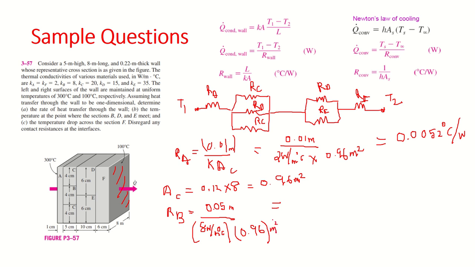So if I substitute, I get 0.01953 degree Celsius per watt.